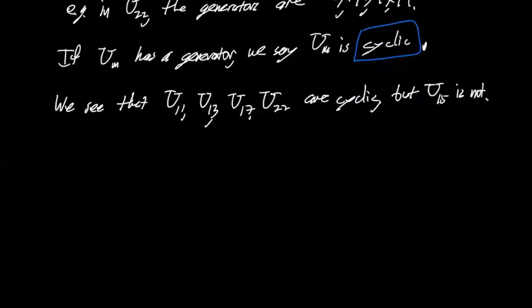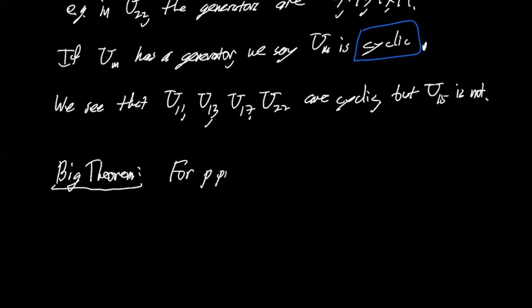And so there's kind of a big theorem, which takes some effort to prove, but it's a nice theorem that we'll try to prove over the course of the semester. For P prime, UP is cyclic. So there are always generators. And this is going to be useful. We're going to use these powers a lot in cryptography.